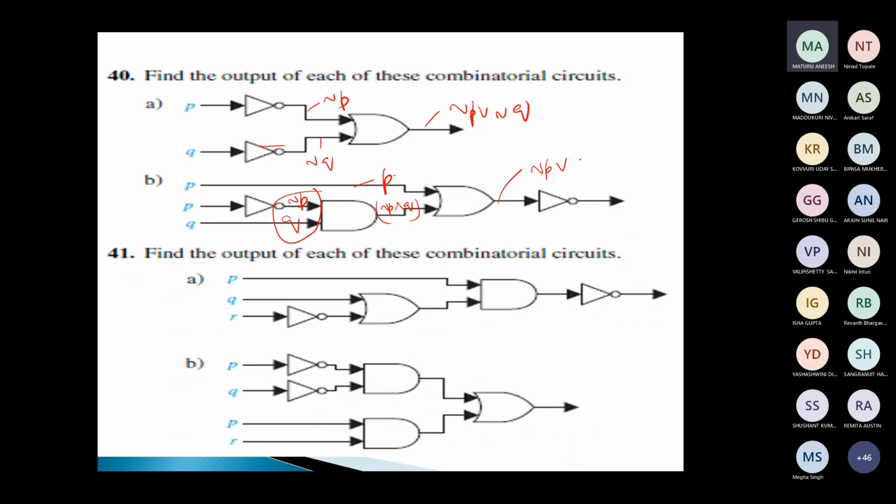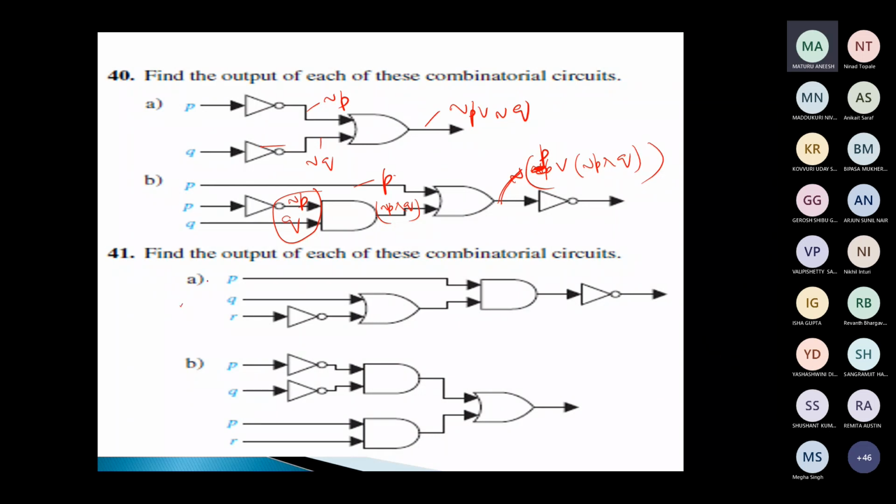Not P or, not P and Q. So till here the output is this one. Again that is being negated at the last. Ma'am, it will be P, no? Oh, it's only P, right? Sorry, it's only P.